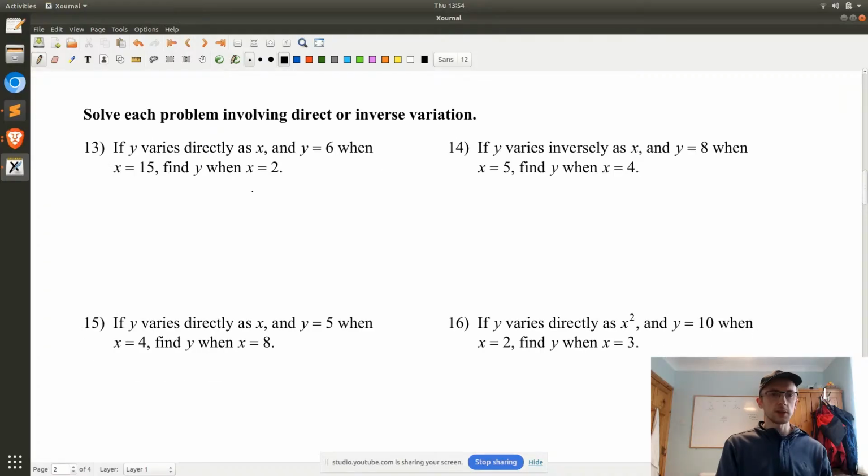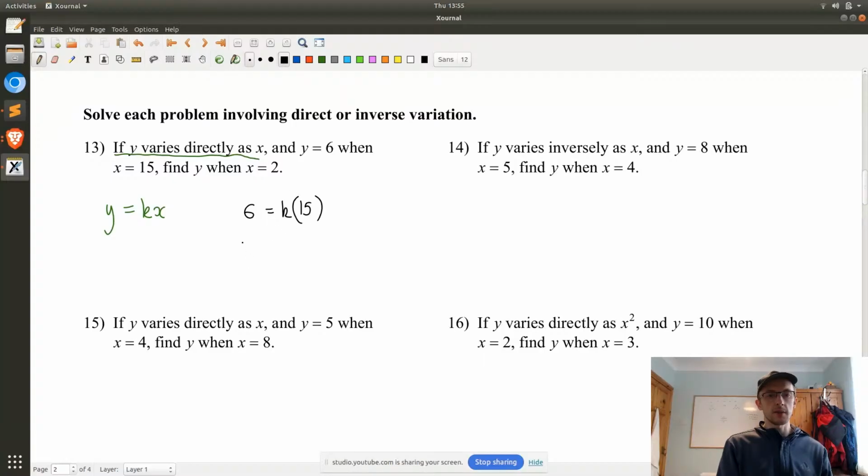Okay, so we are to solve each problem involving direct or inverse variation. Here, if y varies directly as x, that means, by the way, that's a way of saying y equals kx. And as y equals 6, x equals 15, so put 6 in there, k there, 15 there.